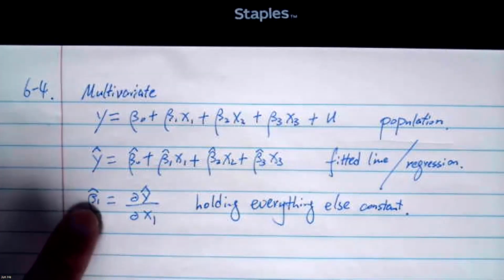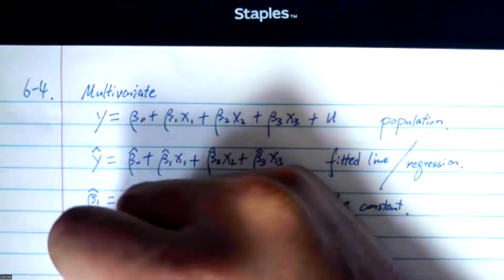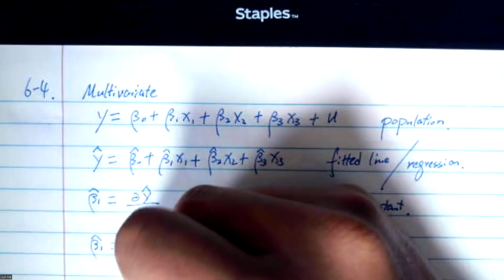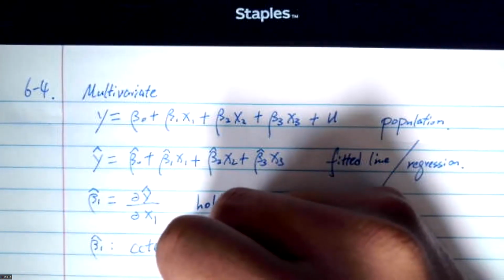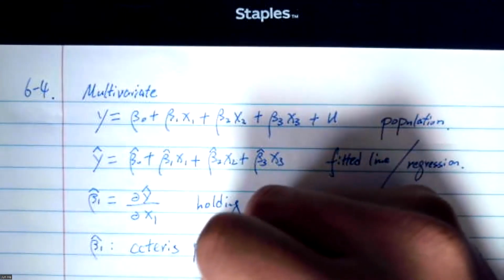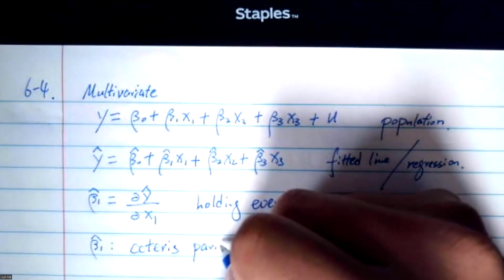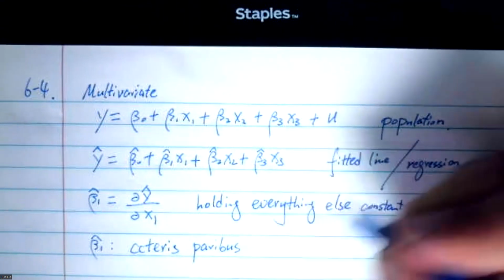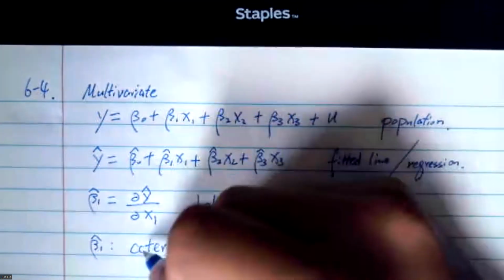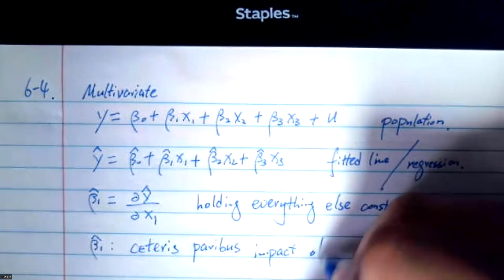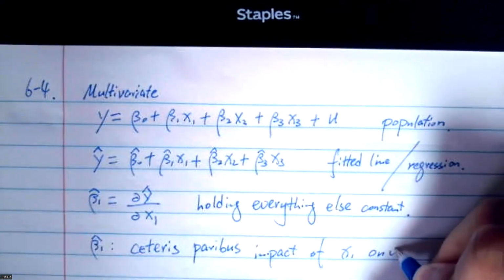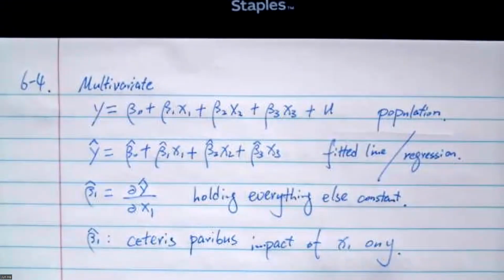Therefore beta 1 hat is the ceteris paribus, meaning holding everything else constant, impact of x1 on y. So this is how you should interpret the coefficient.